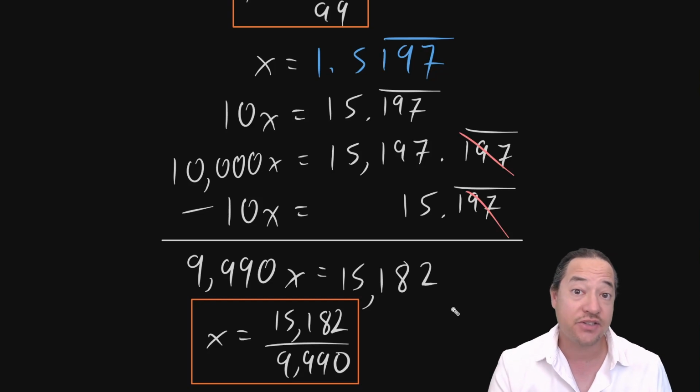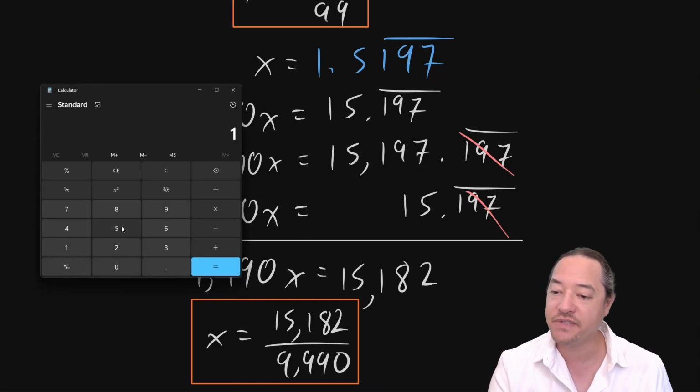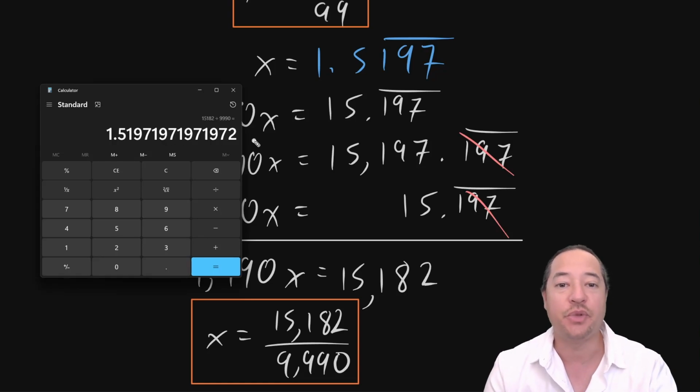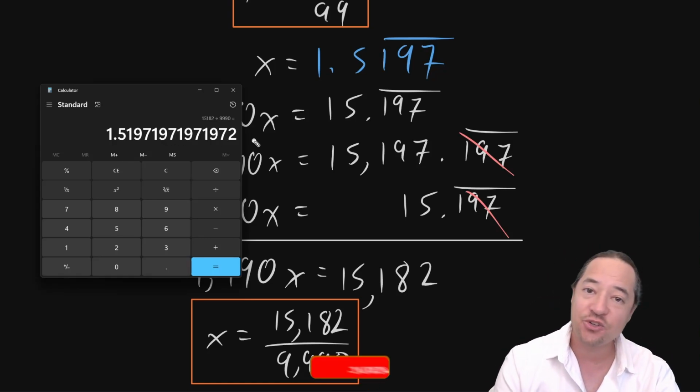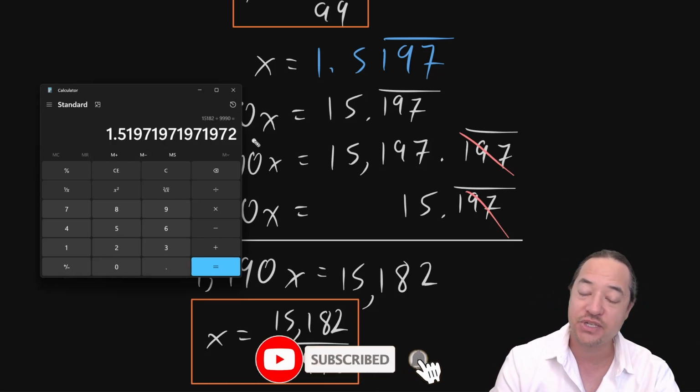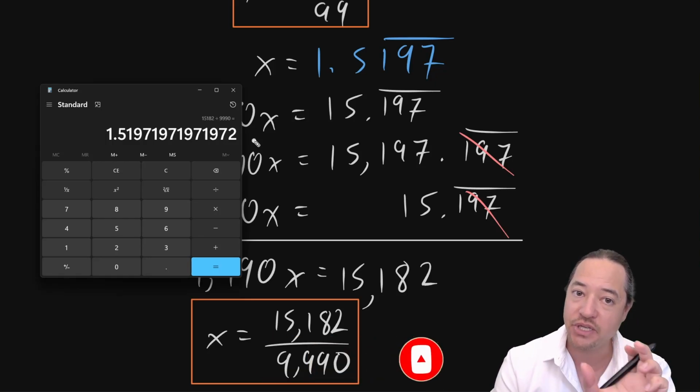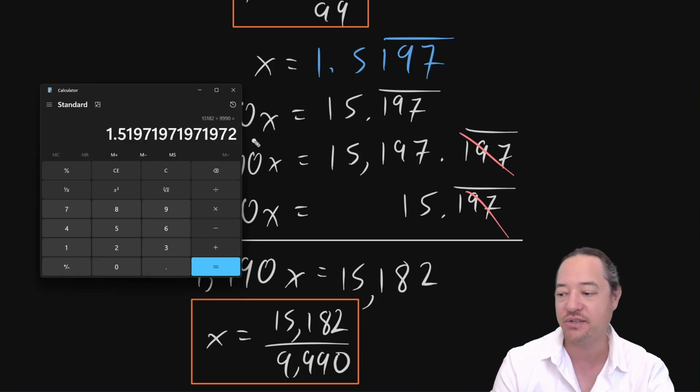Let's just check to see if this works. 15,182 divided by 9,990 is 1.5197197197 repeating. It worked. Okay, so the algebra method here works. You can convert any arbitrary, infinitely long decimal that has a repeating unit into a fraction using this method.